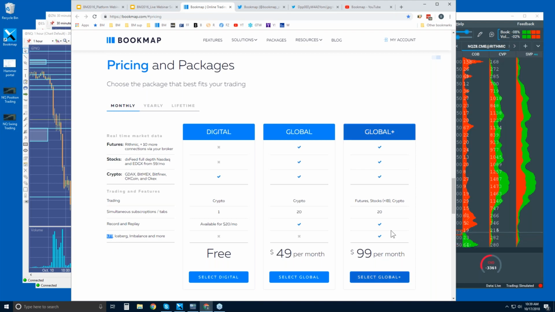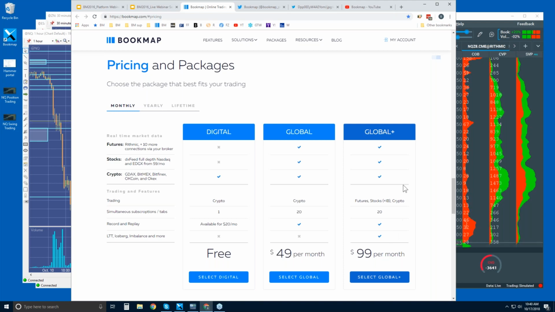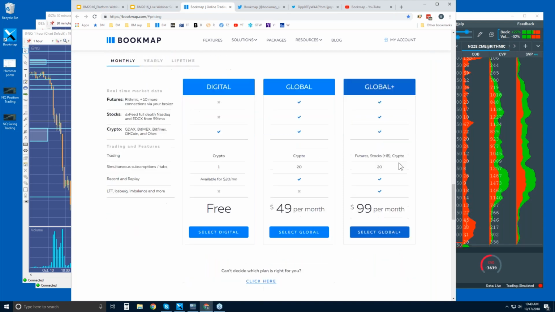We want to understand what the larger players are doing, and our algo can detect that. We also have an iceberg detector. Again, it's looking at larger players. We want to understand where they're hiding their liquidity using hidden orders, icebergs. And we can do that with our algo. That's going to give you an advantage. Anyway, that's what the Bookmap Global Plus is all about.